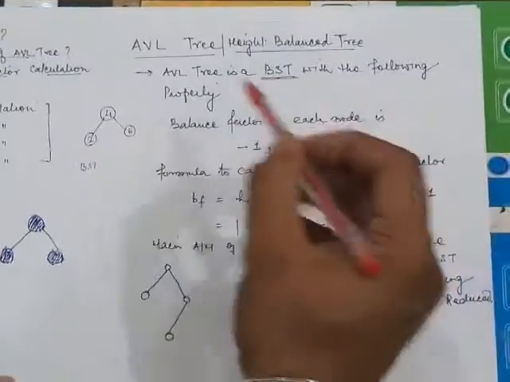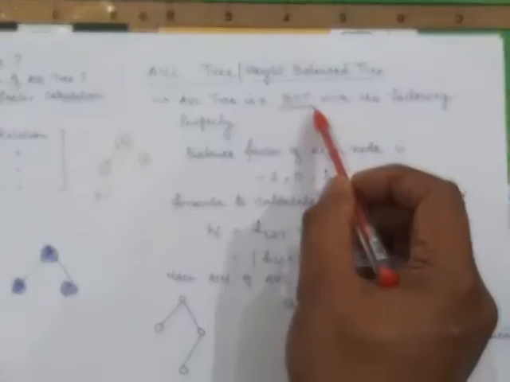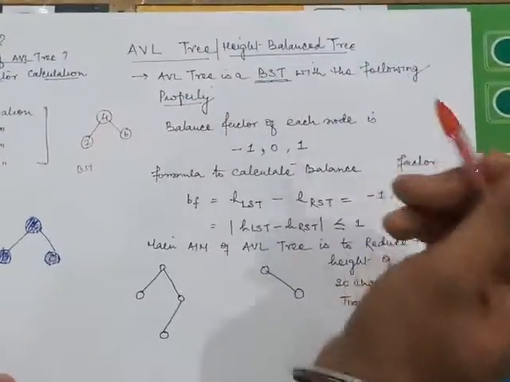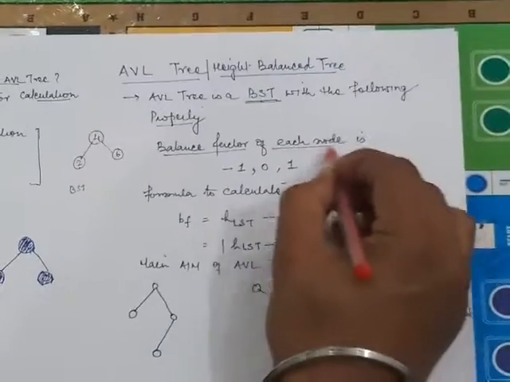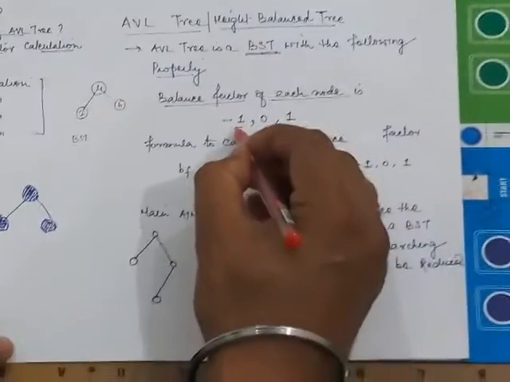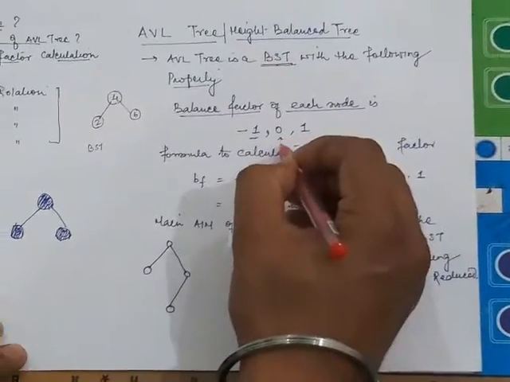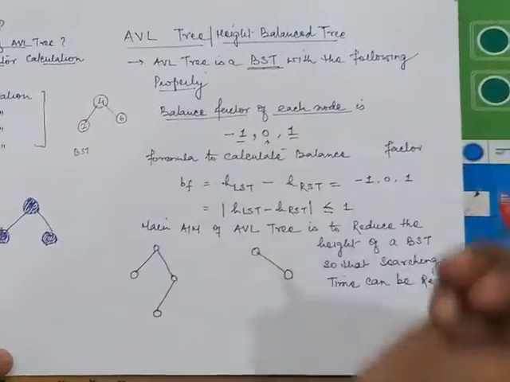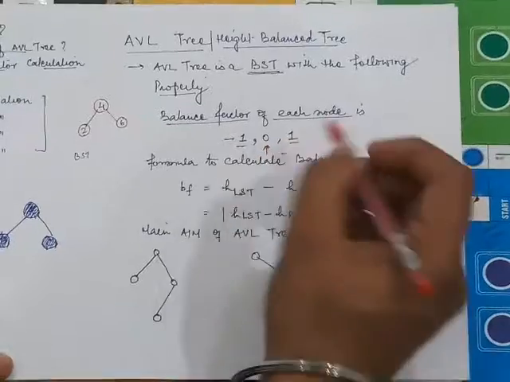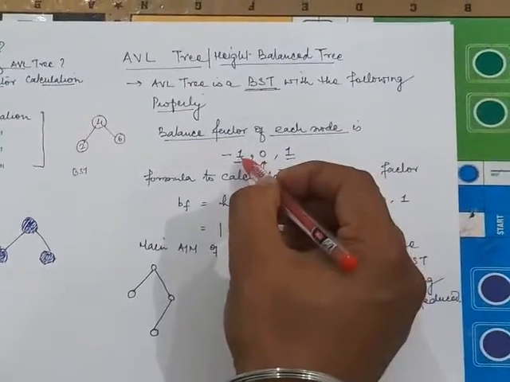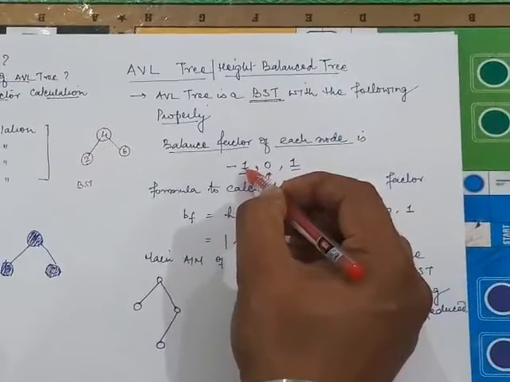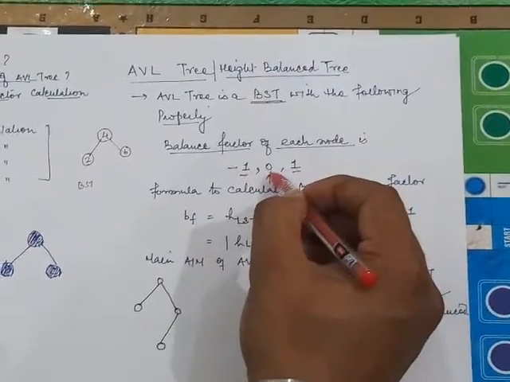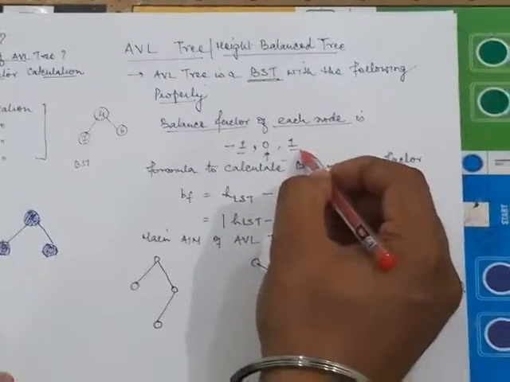And as I said, AVL tree is a BST, binary search tree, with the following property: the balance factor of each node is either 1 or 0 or -1. So there are three values that we have to find out. What is the balance factor of a given node? It could be either -1 or 0 or 1.